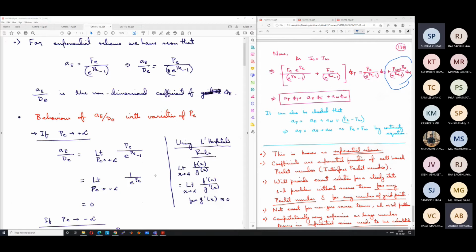So again, repeating: the limit of f(x) by g(x) is equal to the limit of f dash x by g dash x, for g dash x not equal to 0.